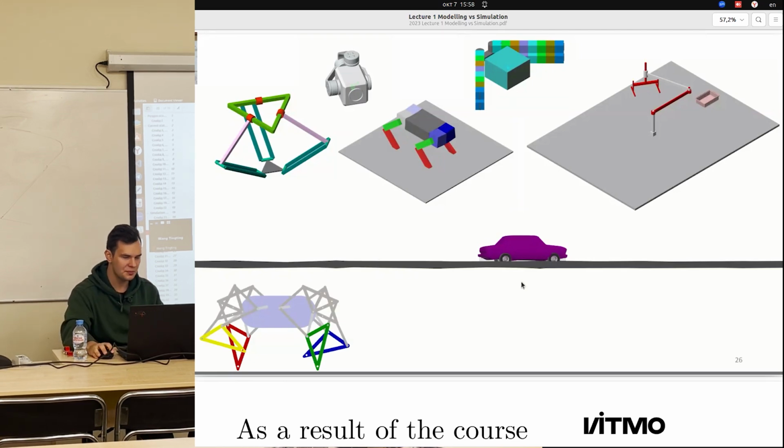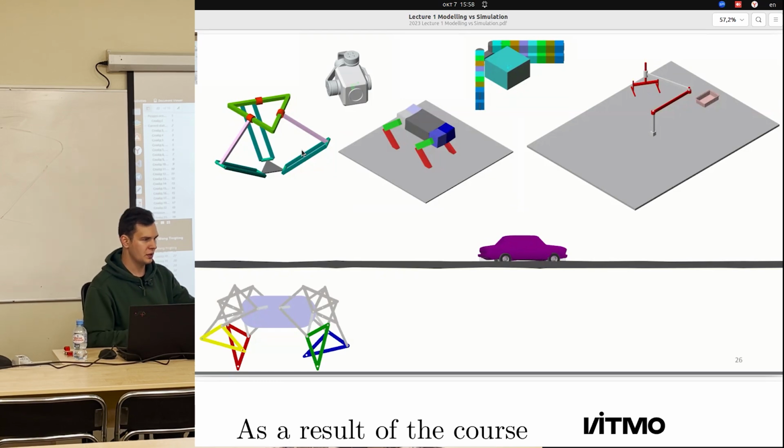They did simulations of a car, a walking robot, a delta robot, etc. So very different projects, and basically you can do the same.